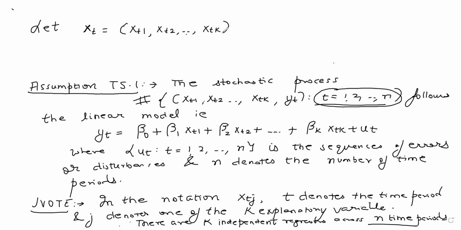So I can call it a vector. I can darken it. This is actually a vector at time period t, which goes from xt1, xt2 to xtk.